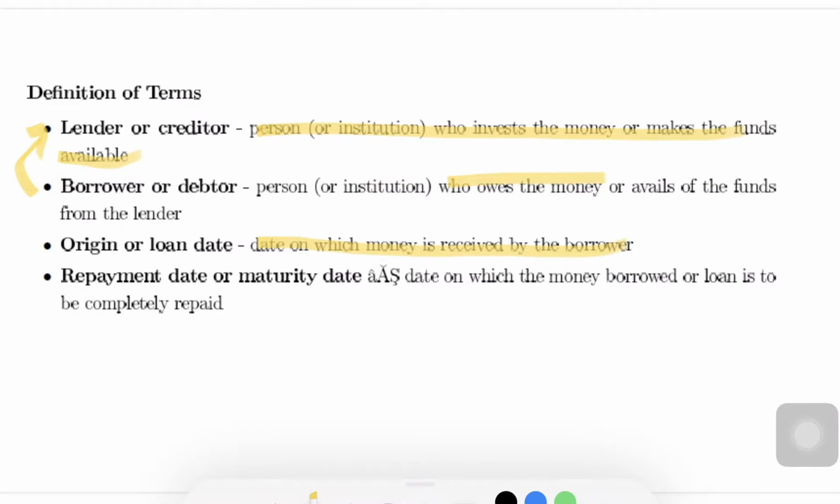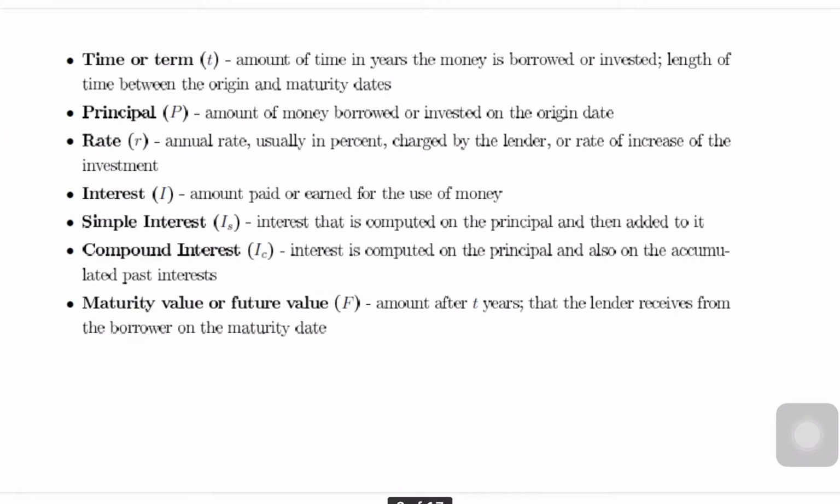And repayment date or maturity date is the time where you completely repaid your loan or your money borrowed. The time or term is the amount of time in years the money is borrowed or invested.